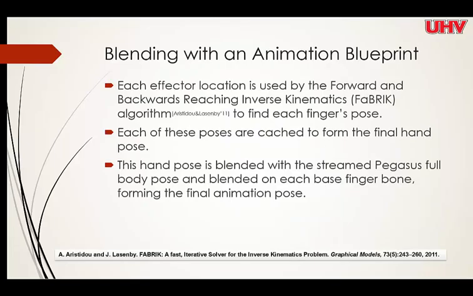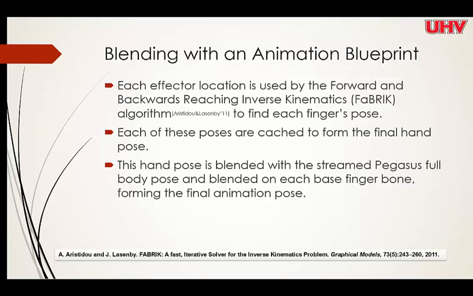Now, with each of these effector locations calculated and the orientation and positions for each finger estimated, we utilize the effector location in a forward and backward reaching inverse kinematics, or the FABRIK algorithm, to find each finger's pose. Once you calculate each of these finger poses, we cache them in the animation blueprint for the final hand pose.